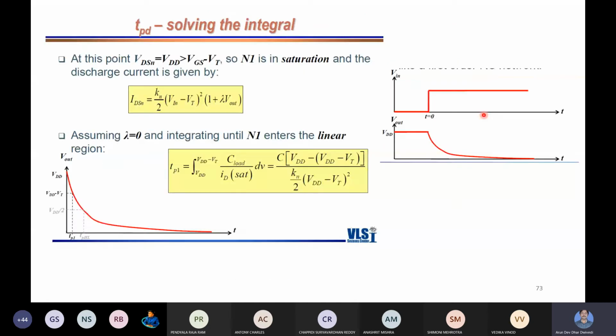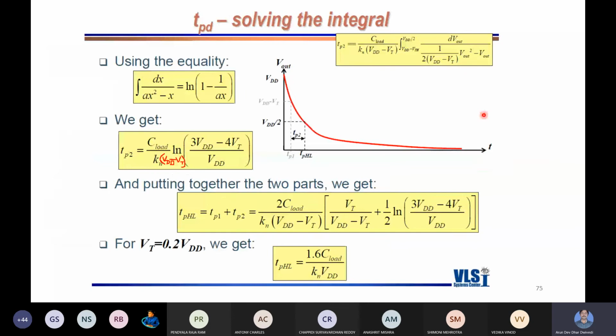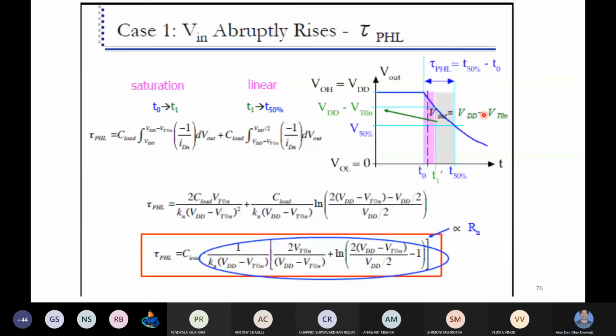So this part we are calculating from C load, VDD, up to VOH, then VOH minus VT0n, then 1 upon IDN, then dV out. This is the first part we are calculating.